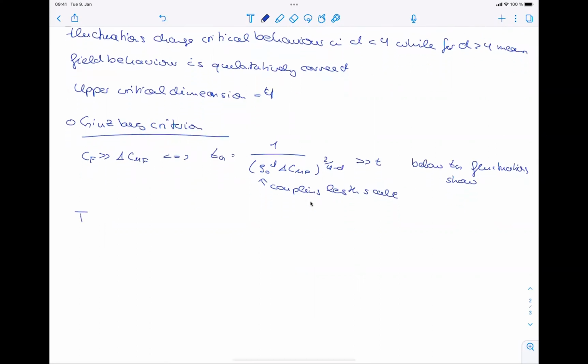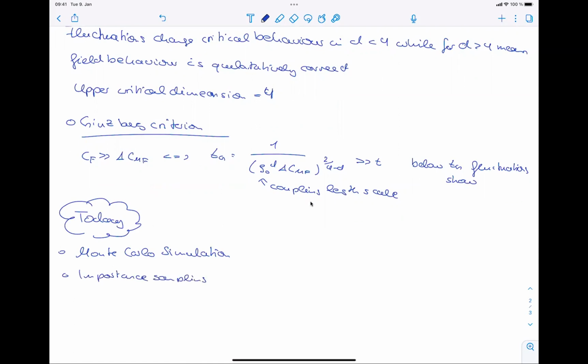And so that brings us to today's topic of Monte Carlo simulations, where we're going to talk about importance sampling. And if I manage, I'm going to talk about Markov chains and derive detailed balance.